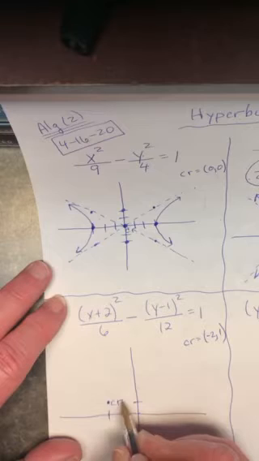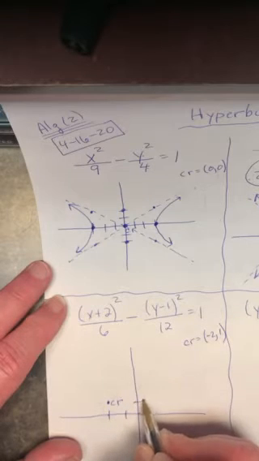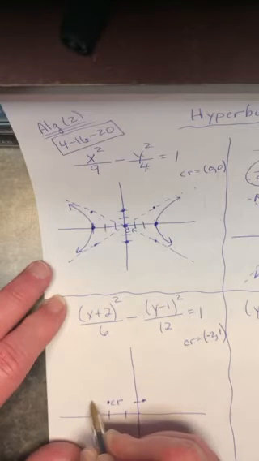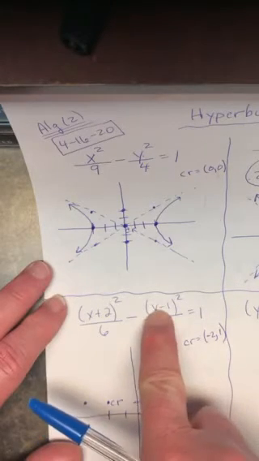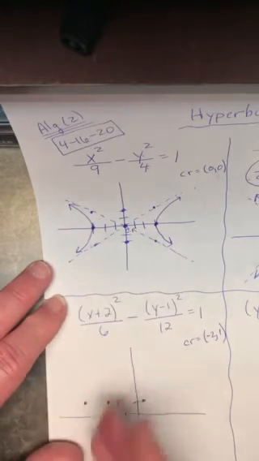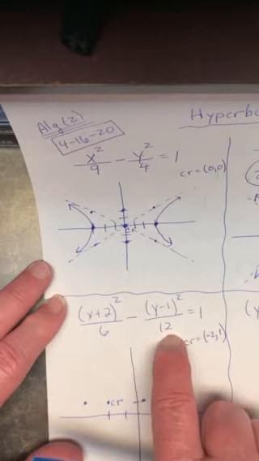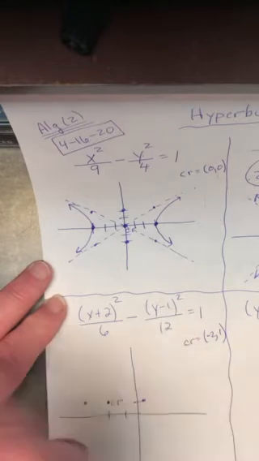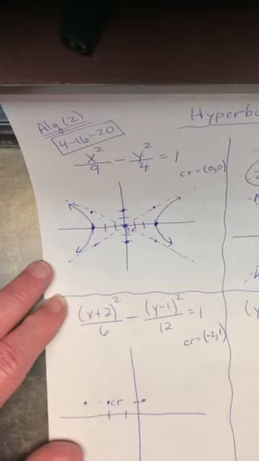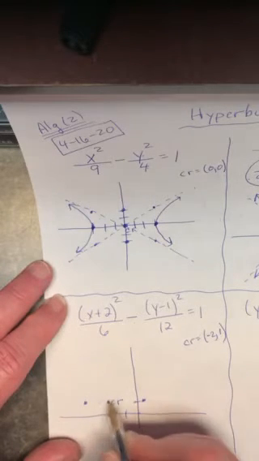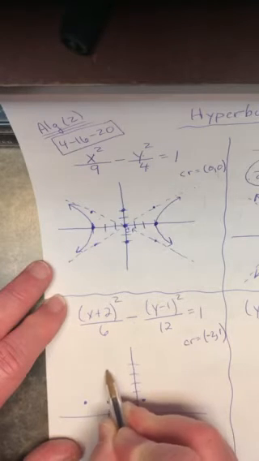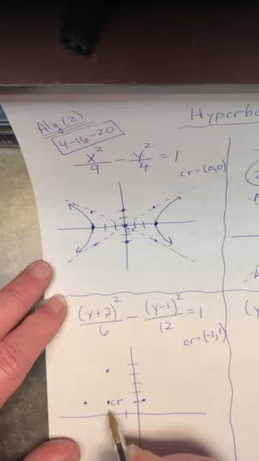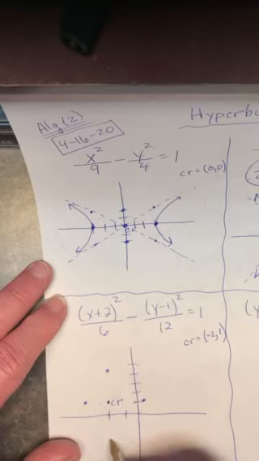So I'm going to go right 2.4 and left 2.4. The y, which runs up and down, has a 12 under it. The square root of 12 on my calculator is 3.5. So I go back to the center. I'm going to go up 3.5 and down 3.5.